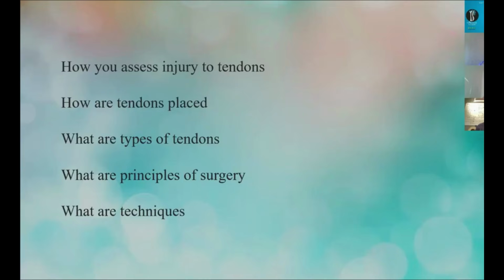Okay, so I will assess the tendon injury itself, I will assess the neurovascular status, and I will assess the joints which are crossed by the tendon, and also whether there is any collateral injury, signs of bowstringing. Okay, how do you know whether the tendon is ruptured or not?